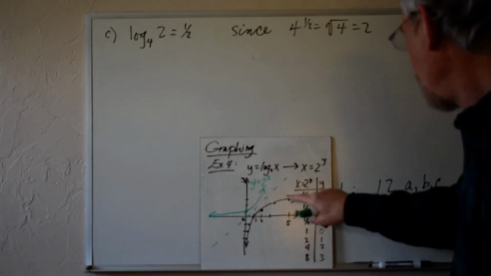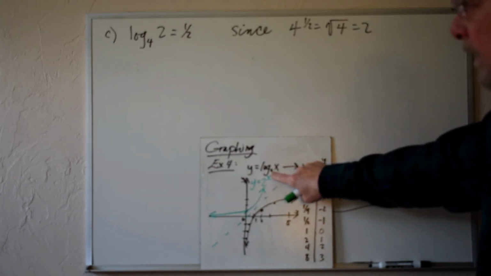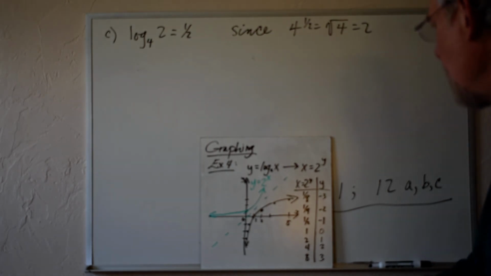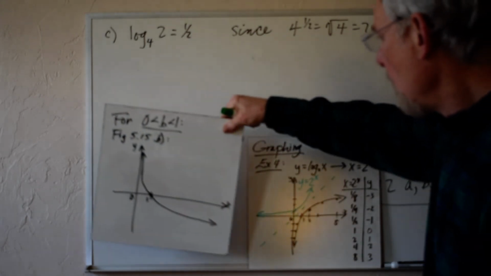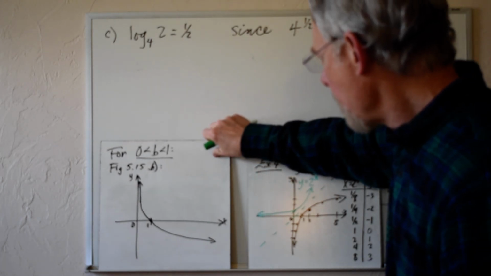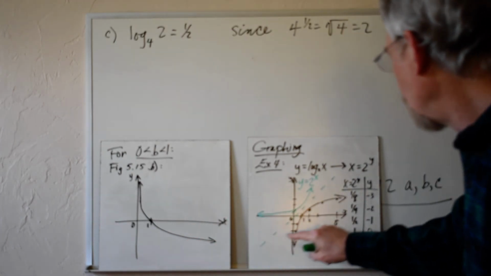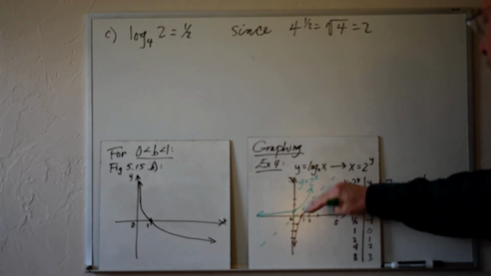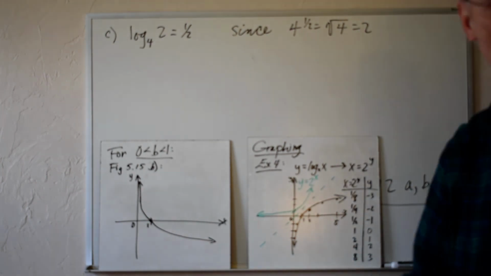This is the case when the base is greater than 1. Here it's 2. You're always going to have that general shape. But remember, the base can also be between 0 and 1. For those, you sort of get this black curve flipped upside down, right? Because you're dealing with fractions as your base there.